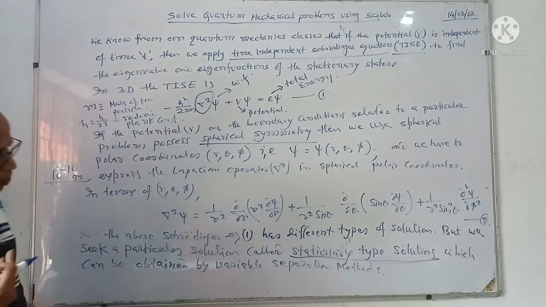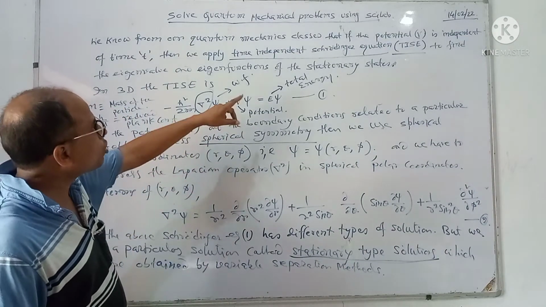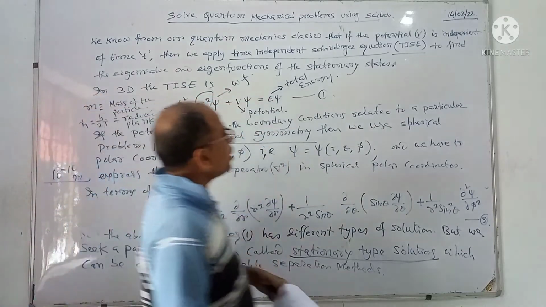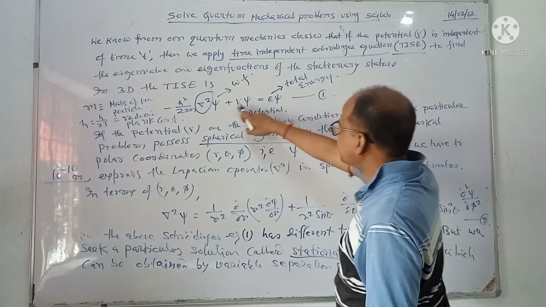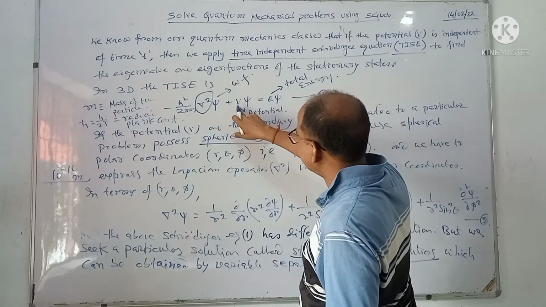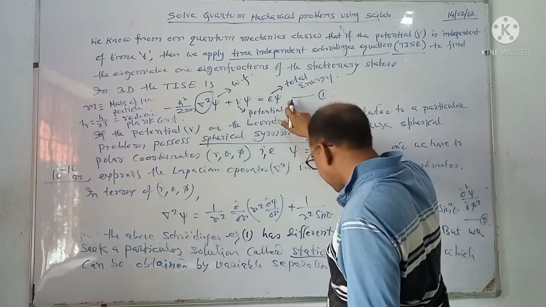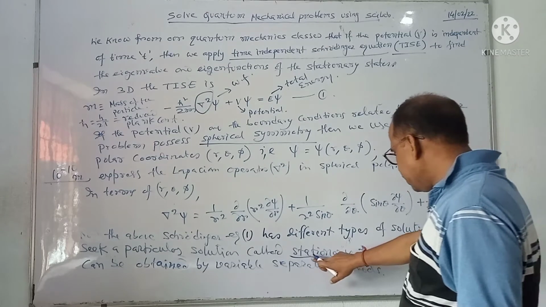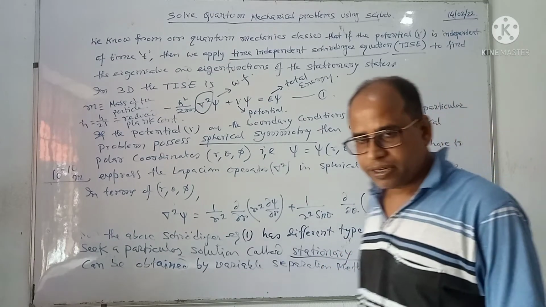Why stationary? Because we are using the time independent Schrodinger equation. Therefore, in this equation, psi is independent of time, V is independent of time, everything. No time appears in this equation. That's why we are interested in the stationary type of solution.